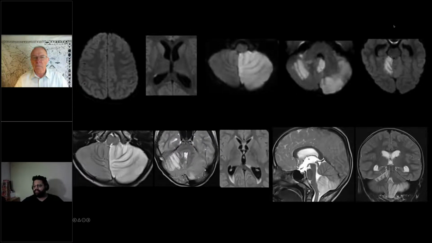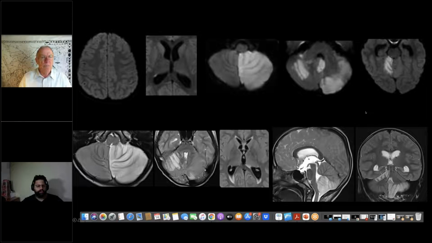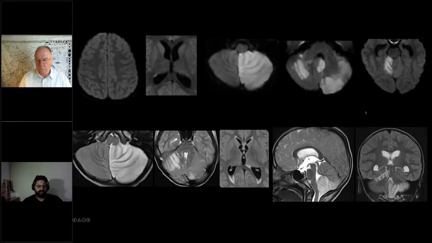Yeah, so this child had around 3 scans within a time frame of 3 weeks. This is the second scan, I think, after a couple of days of clinical presentation. So we have the diffusion panel on top, and you can appreciate there is a small focus of diffusion in the right trigonal region, but the major findings are in the posterior fossa, demonstrating subacute infarcts in the bilateral cerebellar hemispheres and also the vermis.